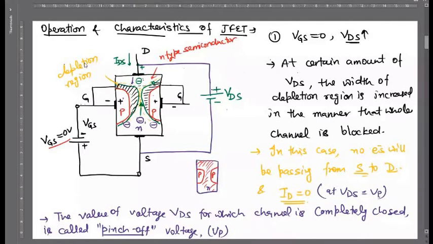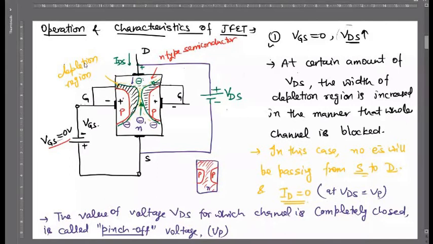Always if we are applying reverse bias voltage, then it will affect the depletion region at the big level, and it will increase the width of depletion region. Already in the first step, you concluded that by increasing the amount of VDS, we can increase the width of depletion region. Simultaneously, if we apply reverse bias voltage on gate to source terminal, the rate of increment in the width of depletion region will be increased.